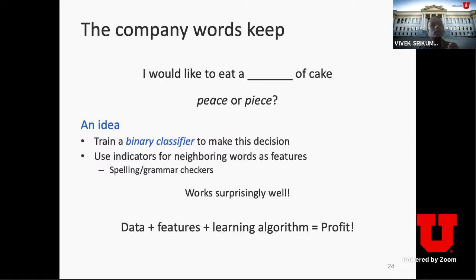The idea here is, you train a binary classifier, a decision system that takes the context, all of this stuff around the word, converts it to features, and predicts a probability for whether it should be this piece or this piece. This is a way in which modern, or not this exactly, but a grown-up version of this is the way in which modern spell checking systems work.